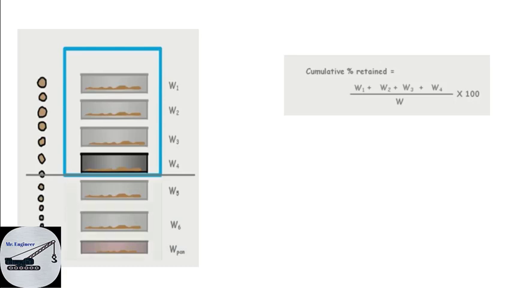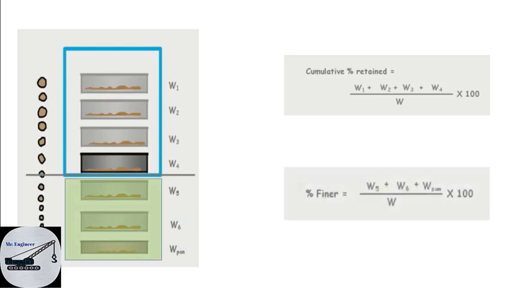The second value we have to calculate is the percentage finer. Percentage finer, as the name suggests, is the percentage amount of soil which is finer than the particular sieve size. In other words, it is the portion that passes the particular sieve.